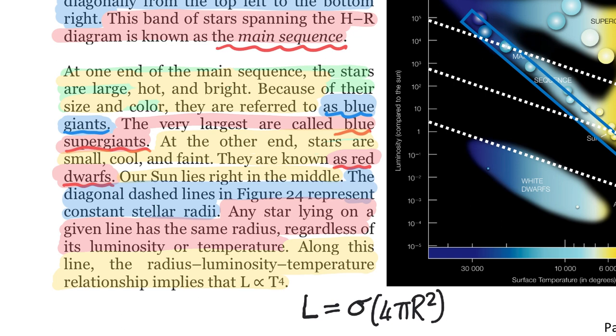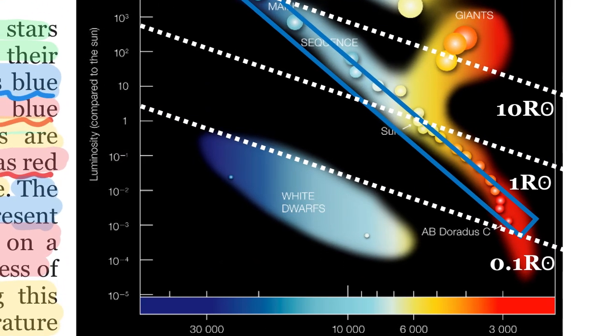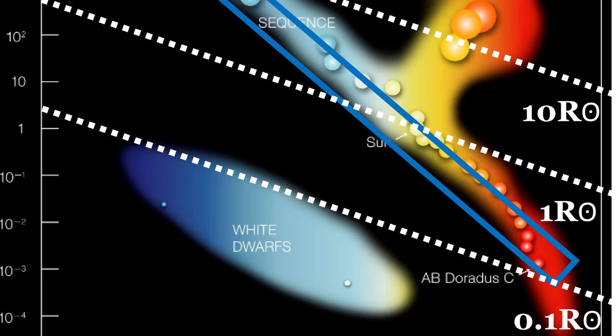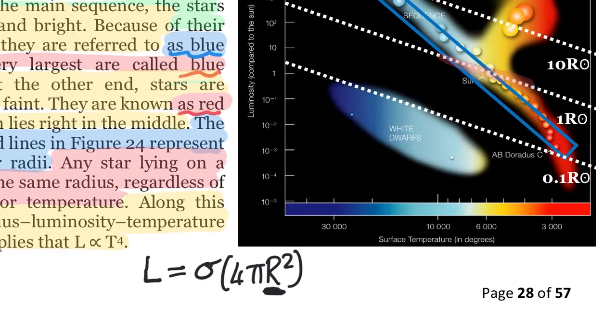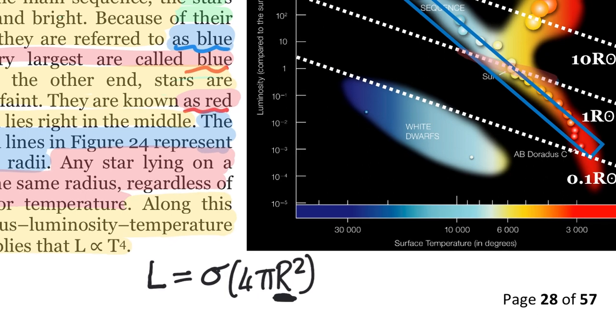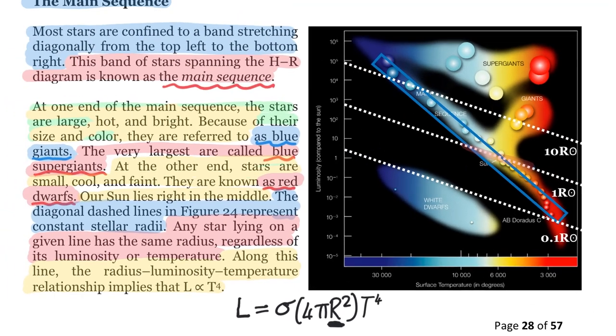So if the radii of the stars along that particular section are all the same, let's say we were looking along here, then all those stars' luminosities would be directly proportional to their surface temperature to the power 4.